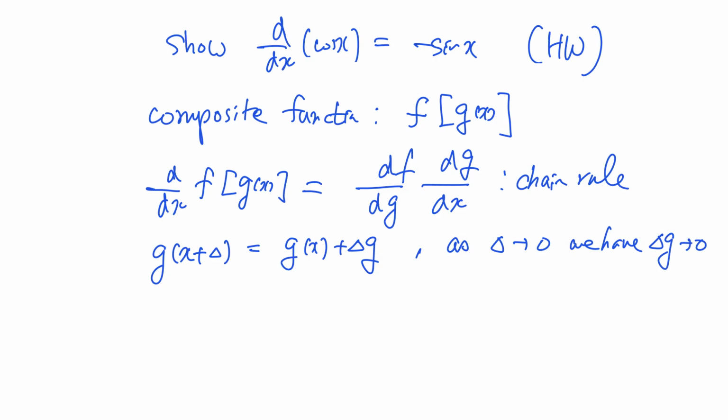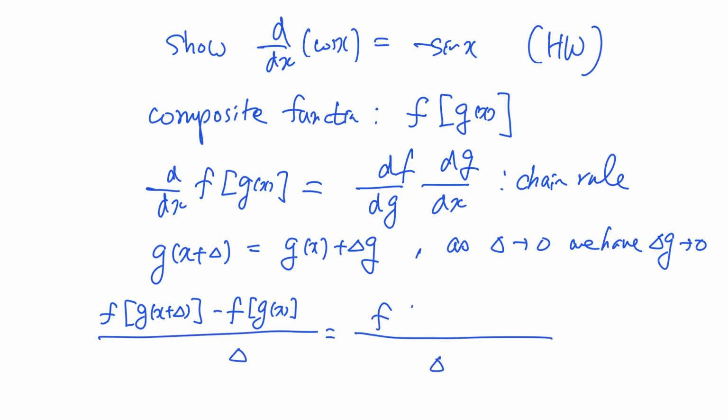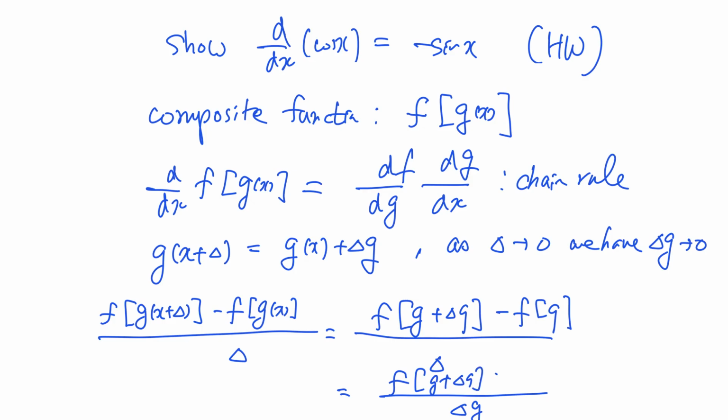So f of g of x plus delta minus f of g of x, over delta, is actually f of g plus delta g minus f of g, which we can say is f of g plus delta g minus f of g over delta g, times delta g over delta.